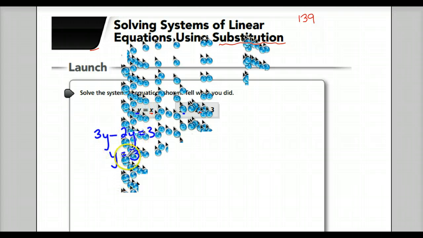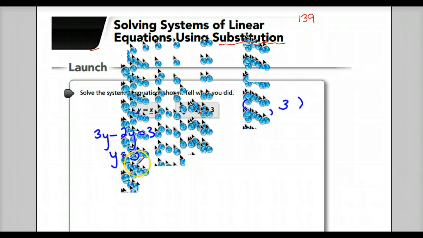Now, obviously we want to solve for our ordered pair. So if y equals 3, what does x equal? Well, if we put this 3 back up into this equation right here, we get 3 equals x. So not only does y equal 3, but x equals 3 as well.